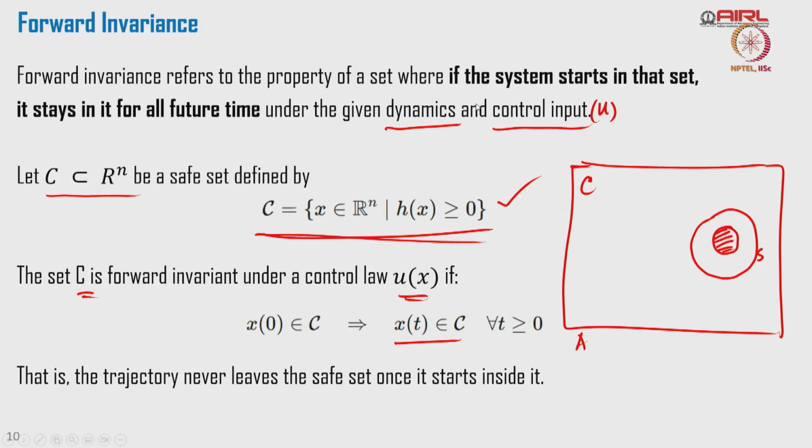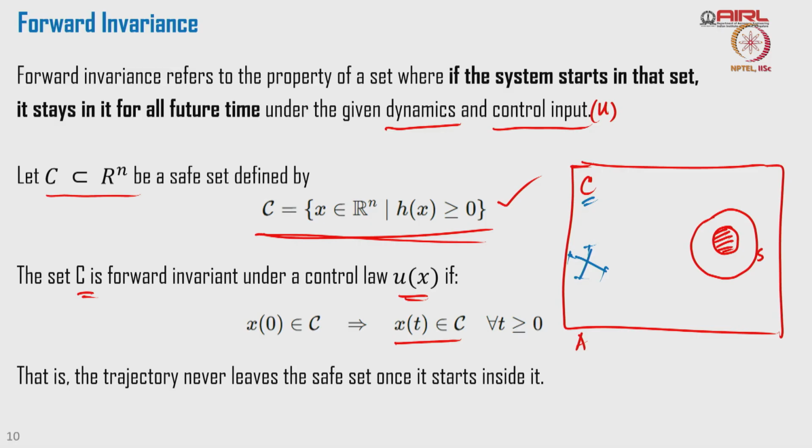Now if the drone is here, say this is the drone, the idea is that if the drone starts in this set, that means the set C, then the forward invariance should be ensured in the sense that it never leaves its set C.